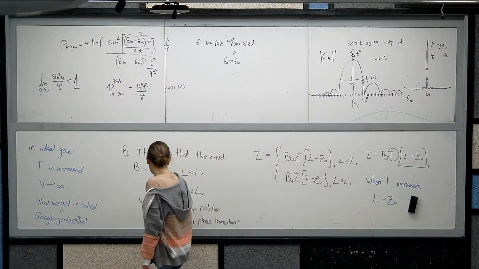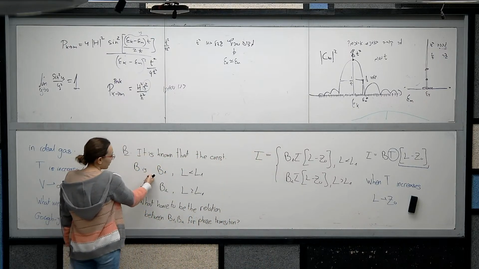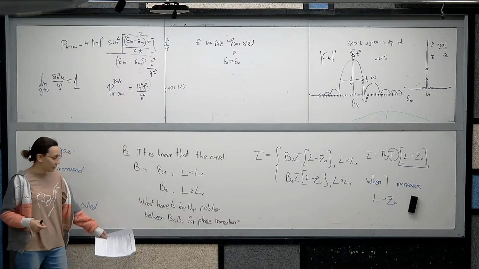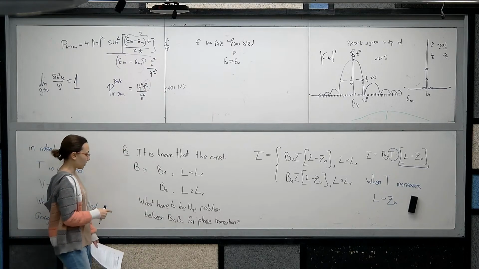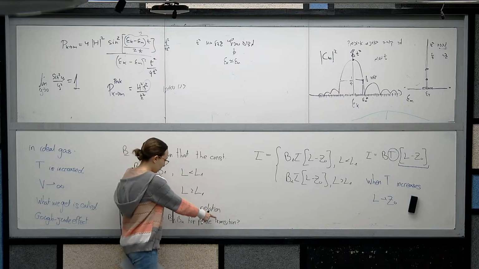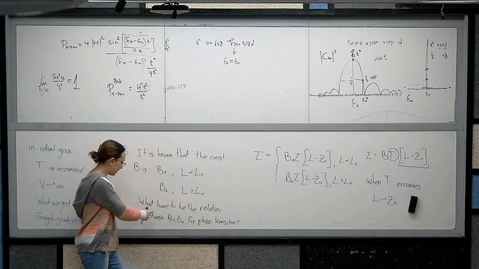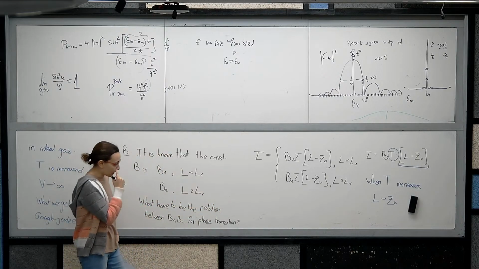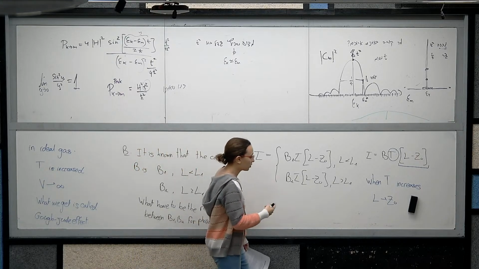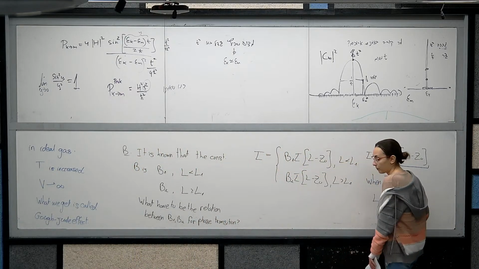And now we want to find the relation between B1 and B2 so we could have a phase transition in the system. When it says relation between B1 and B2, it means B1 is greater than B2, smaller than B2, or equal to B2.